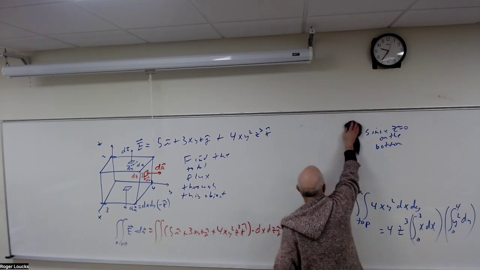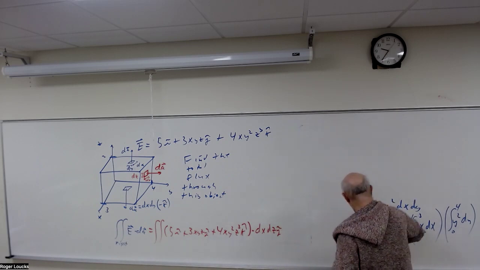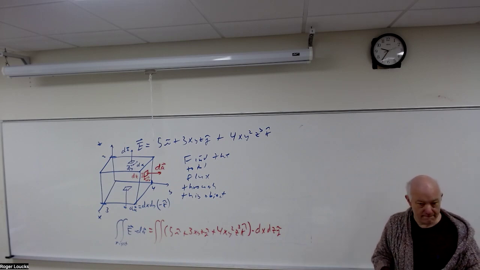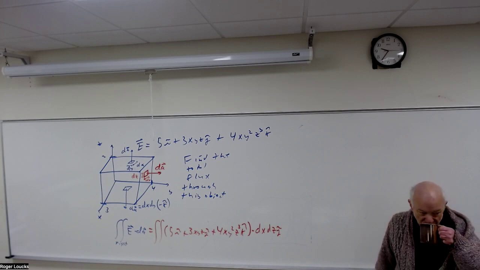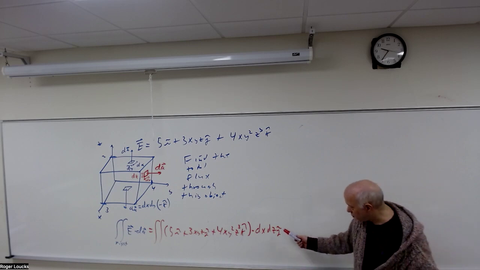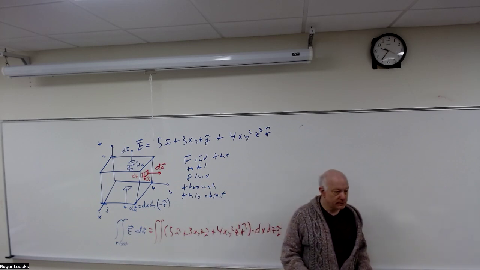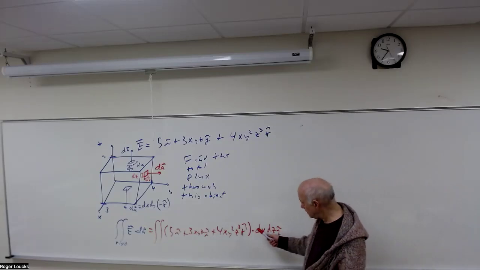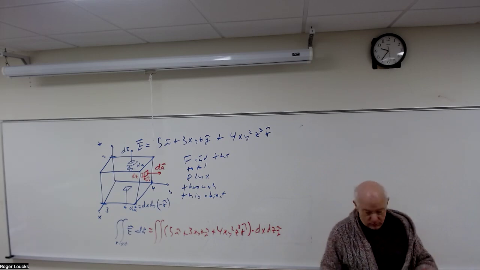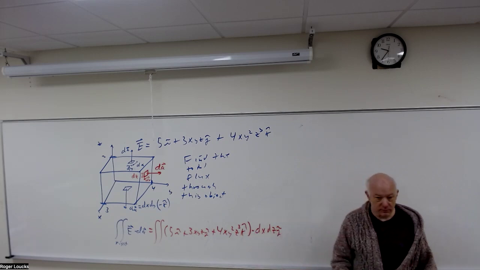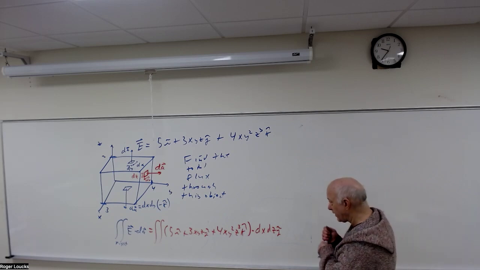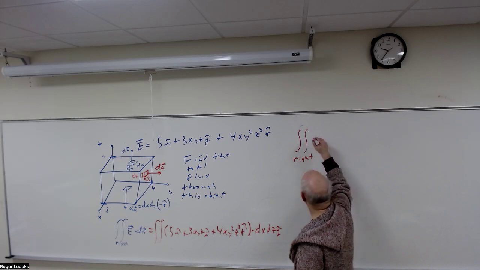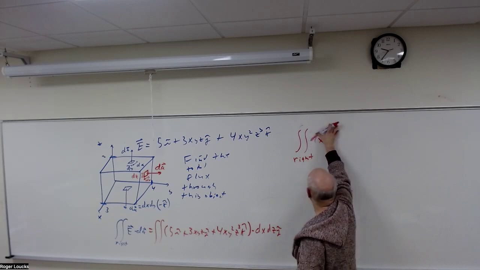What are you left with? What is j dot i? 0, because they're perpendicular. What is j dot j? 1. What is j dot k? 0 because of perpendicular. So this whole thing here reduces to this 4x, not bad at all.